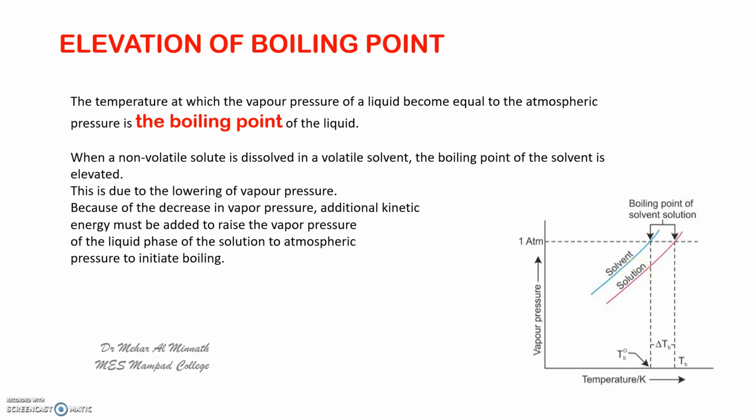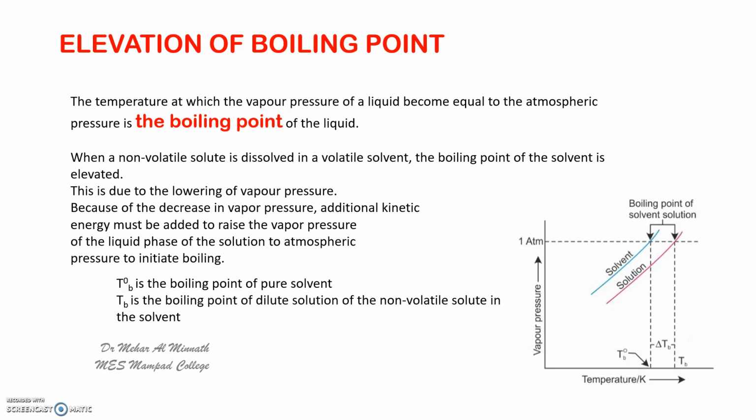Alright, now in this plot, the T0B represents the boiling point of the pure solvent, TB represents the boiling point of the dilute solution in which the non-volatile solute is present, and the elevation in boiling point, that is the increase in boiling point when you compare the boiling point of the pure solvent and that of the solution, is delta TB, the difference between TB and T0B.